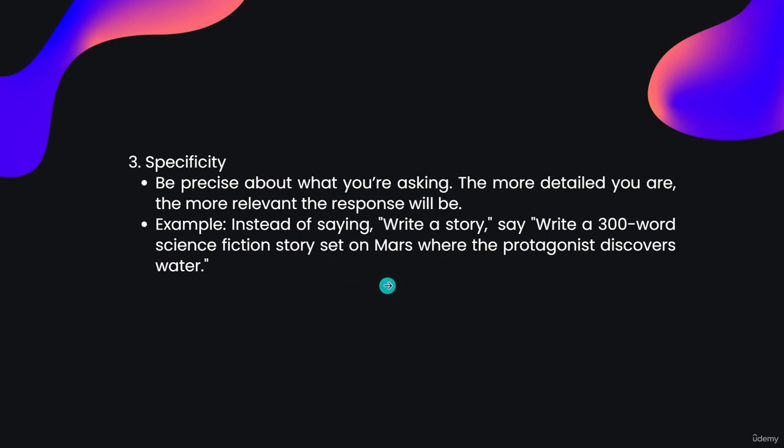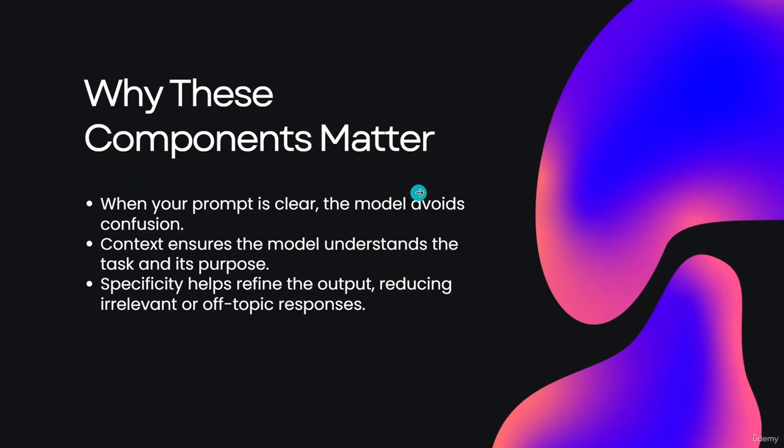Let's see why these components matter. As we discussed the three components, you can see this summary. When your prompt is clear, the model avoids confusion.